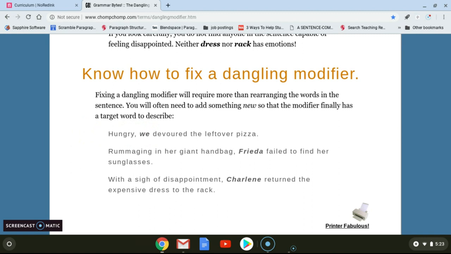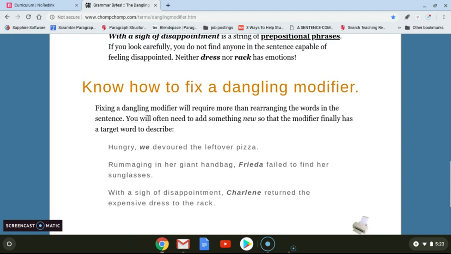This can be fixed by rewriting the sentence to include the intended target, like in this example, when it was rewritten to include the word we. You may need to include additional words or even punctuation to change the sentence in order to correct the dangling modifier. Sometimes sentences can have misplaced modifiers and dangling modifiers at the same time.